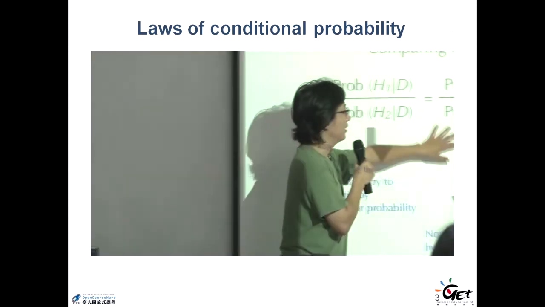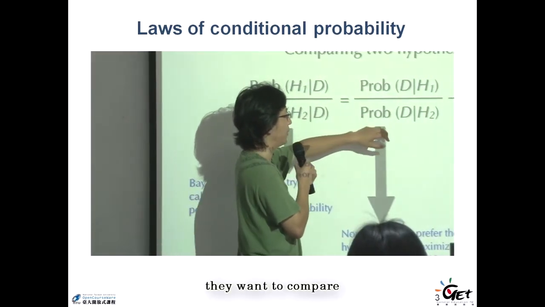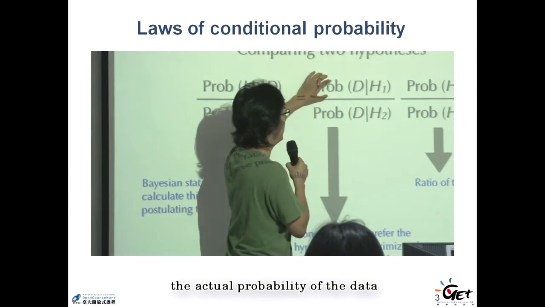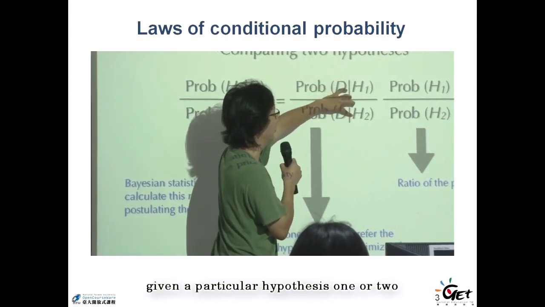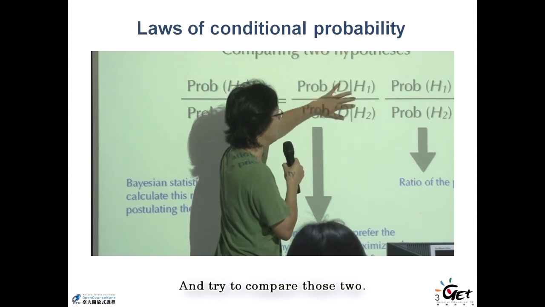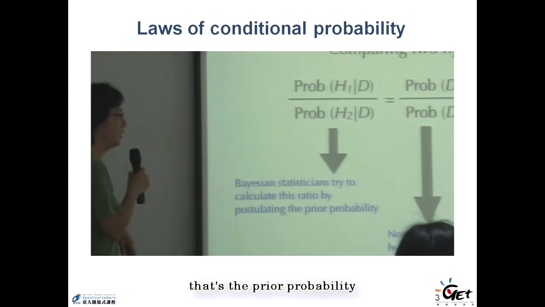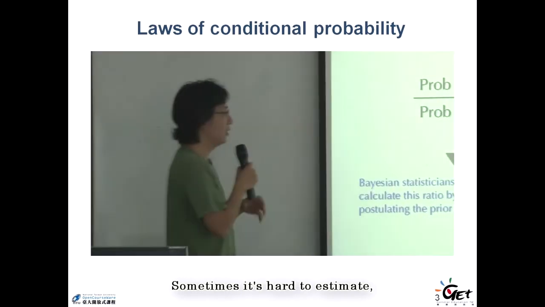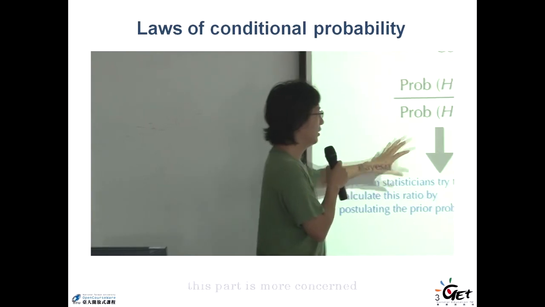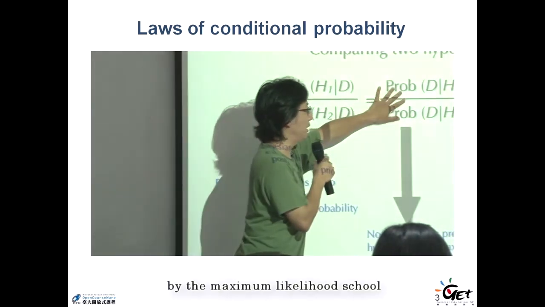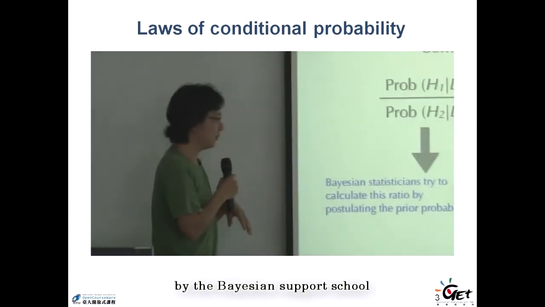The other way, like the maximum likelihood score, is to compare the actual probability of the data given a particular hypothesis, 1 or 2, and compare those 2. We also have a very special ratio, the prior probabilities, and sometimes it's hard to estimate. Anyway, this part is more the concern of the maximum likelihood people, and this part is more the concern of the Bayesian people.